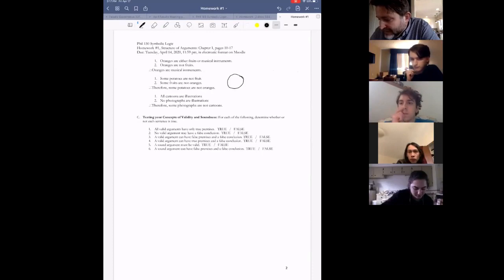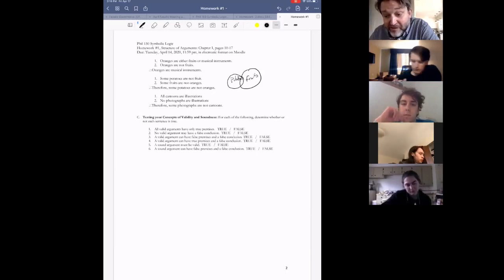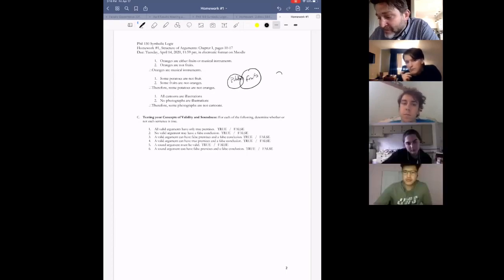All right, so we have here the class of potatoes and the class of fruits. So there are various ways. That's the class of potatoes. Here's the class of fruits. So it may be like this, right? There may be some partial overlap between these two. But one way for some potatoes to not be fruits is for them to be totally separated classes, right? This is also a way in which some potatoes are not fruits.